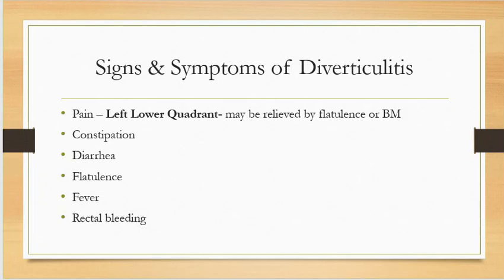Signs and symptoms may increase after they eat, or after activity that increases their intra-abdominal pressure. What activities would you think that would be? That could be heavy lifting, working out, those kinds of things, using the abdominal muscles. And if you see any rectal bleeding or a fever, then there is an infection process going on.